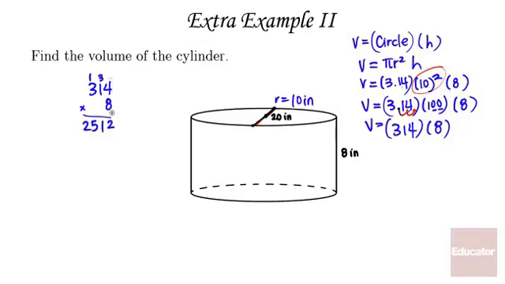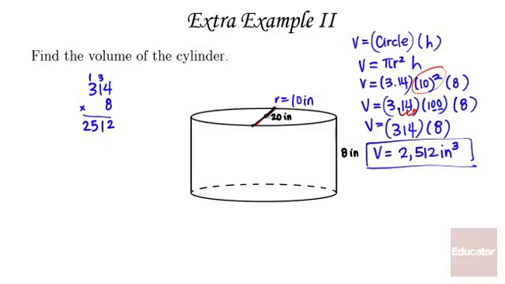Now, I don't have any decimal points here, so I don't have to place any decimal points in my answer. So the volume of this is 2,512. My units, inches cubed. Cubed, to the third power, that's always for volume, right? So this is the volume of this cylinder.